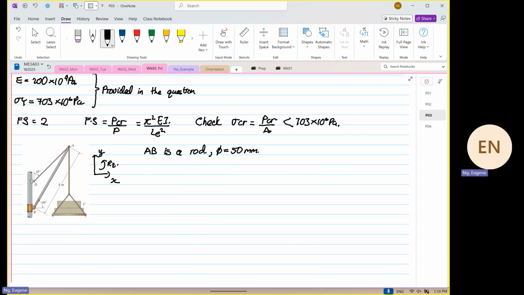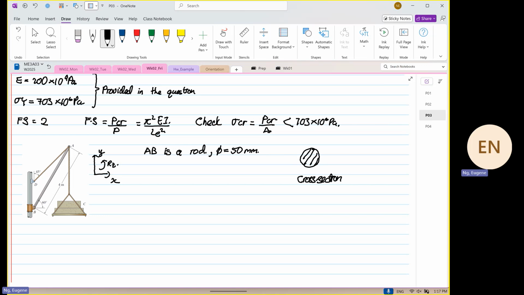So what we have now is our cross section. When it's a rod, we are really, really lucky. Why are we lucky?